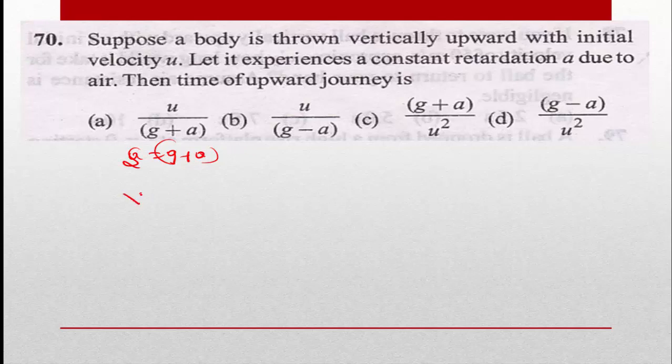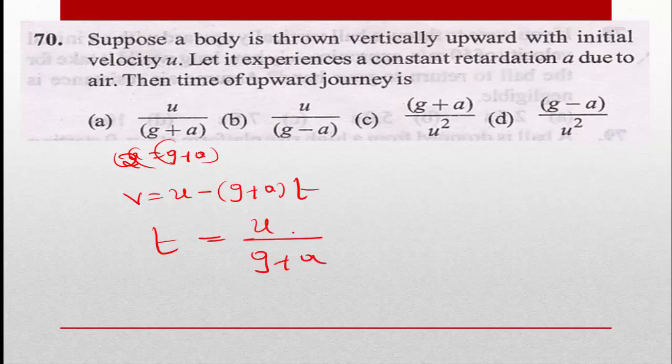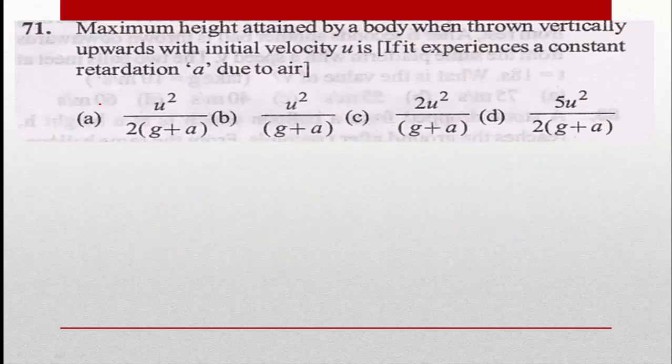We know the formula v is equal to u plus at. Here a is equal to minus g plus a, so v equal to u minus g plus a into t. Using this equation we write t is equal to u divided by g plus a, because v is equal to 0. Therefore option A is the right answer for this question.